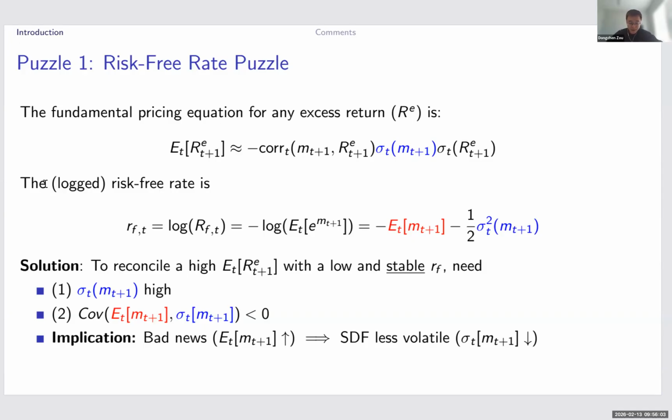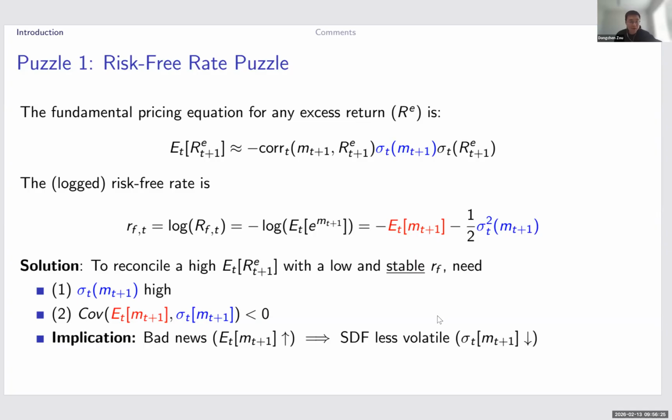And in a standard capital asset pricing model or a consumption capital asset pricing model, we have a hard time reconciling a high equity premium, because overall the variance of the SDF is quite small.